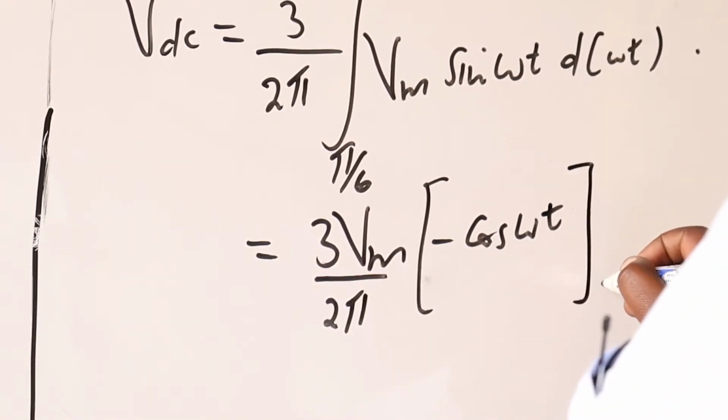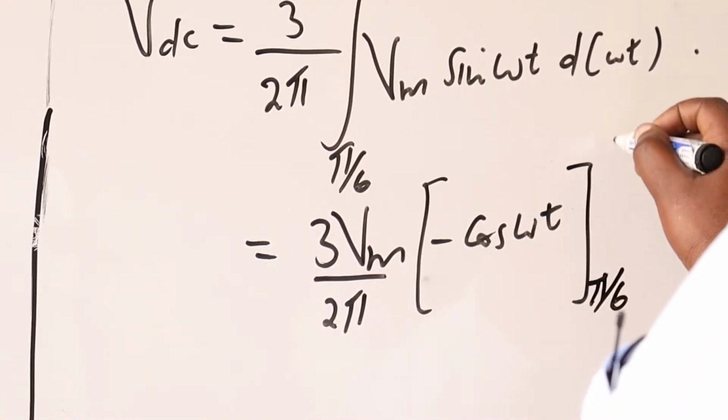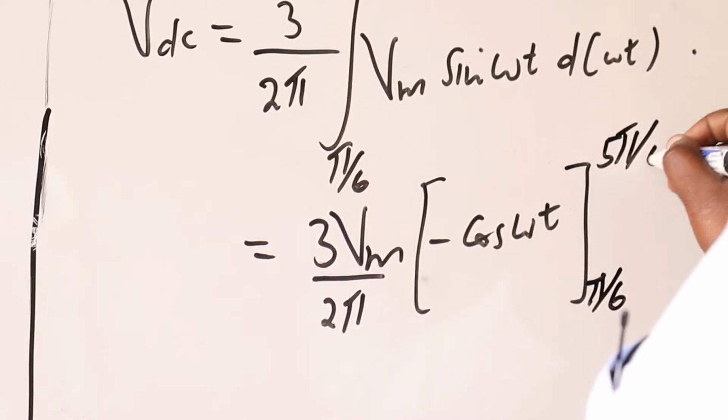Limits are from pi over 6 to 5 pi over 6.